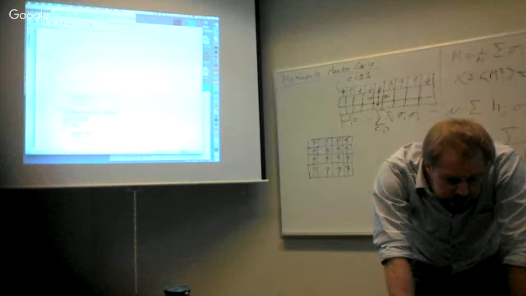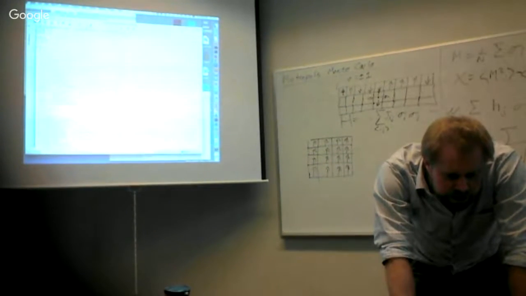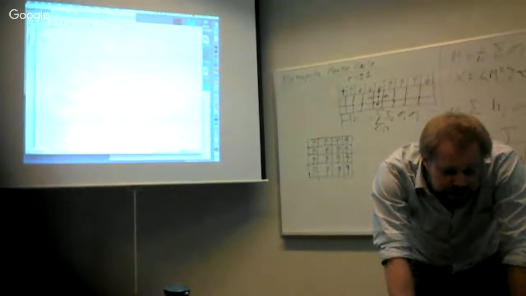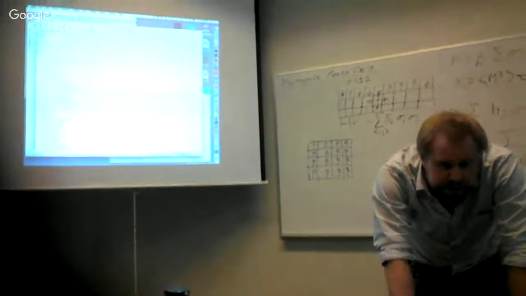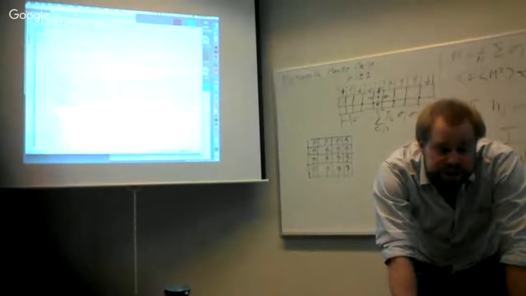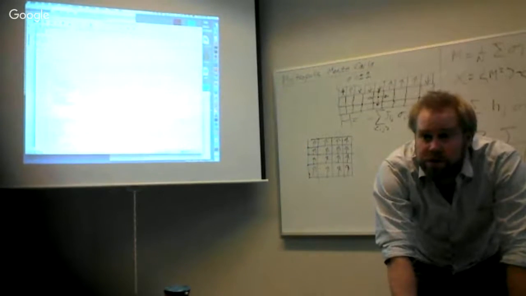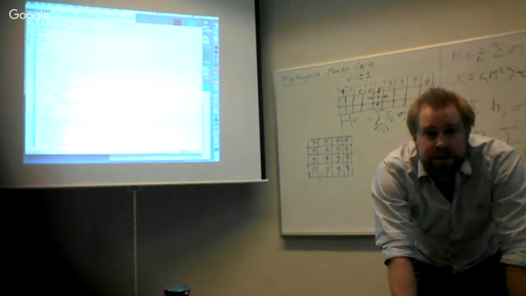So here is our code to do that. What I'm doing in the code now is defining a function which calculates the change in the energy of the system when I propose to flip a certain site. Cool?